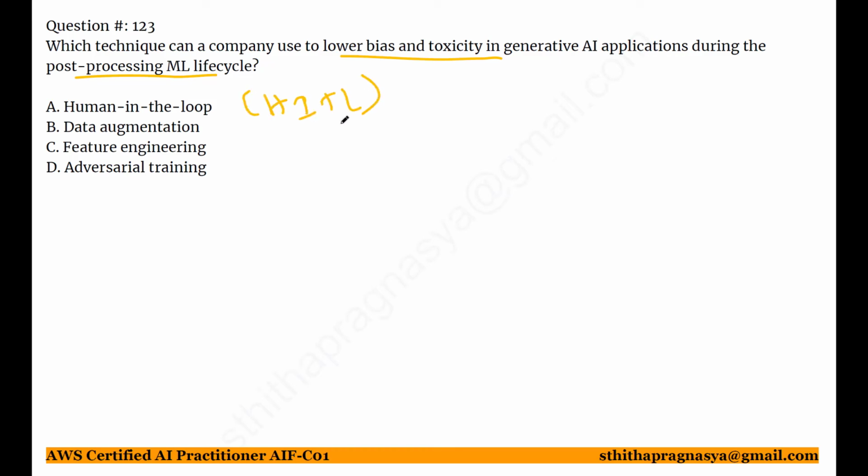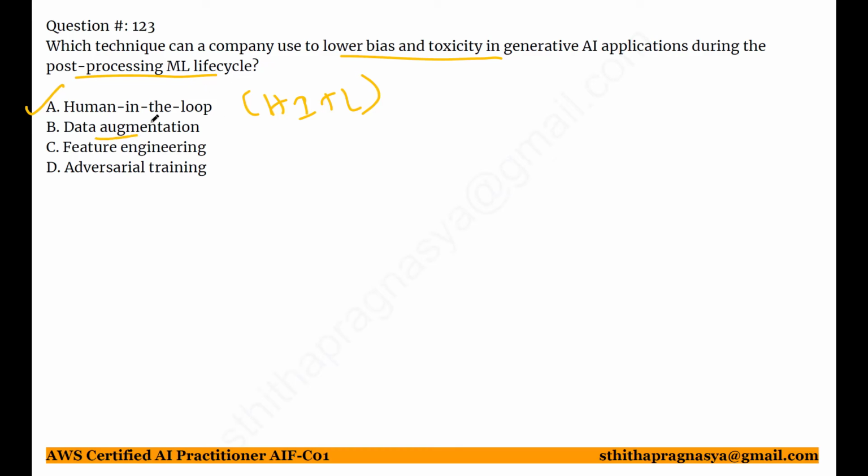This involves incorporating human feedback or intervention during or after the model's prediction phase. This technique is effective for post-processing to identify and mitigate bias or toxicity in model outputs. Humans can manually review and adjust outputs to ensure they align with ethical and unbiased standards. So this is the right option because this directly addresses bias and toxicity in the post-processing phase.